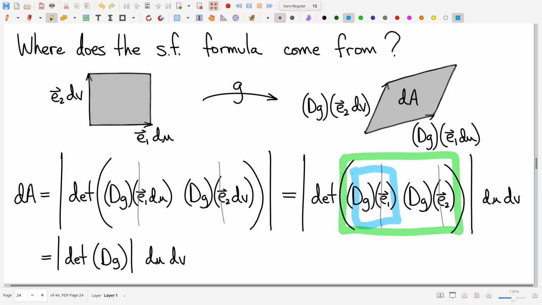The first column of the matrix I'm trying to understand is the first column of dg. Likewise, the second column of the matrix I'm trying to understand is the second column of dg. So this matrix that I'm trying to understand is dg.